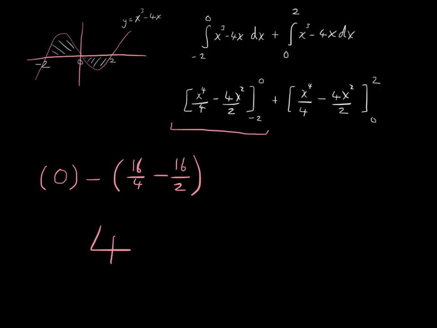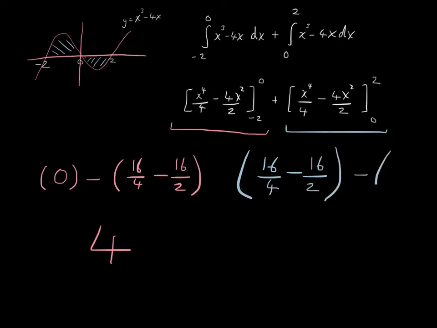We can do this section in blue. Substituting in 2 will give us 16 over 4, minus 4x squared over 2 will give me 16 over 2, minus, substituting in 0 will just give me 0. So this whole thing, 16 over 4 minus 16 over 2, is minus 4.